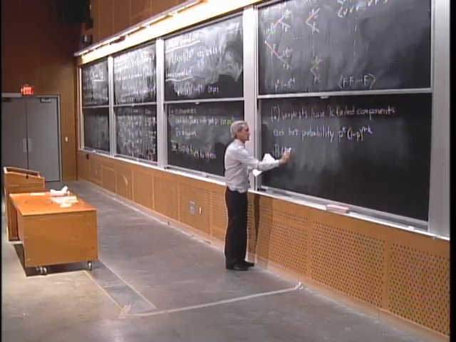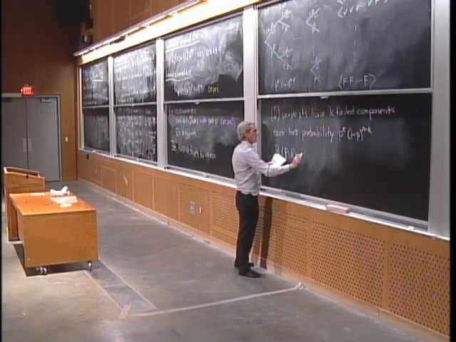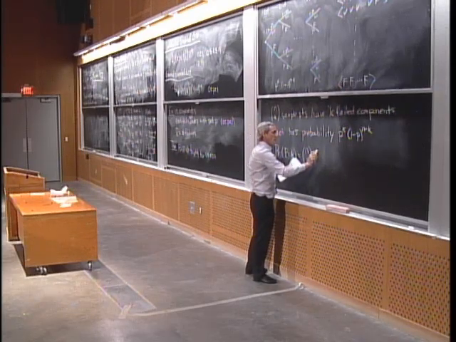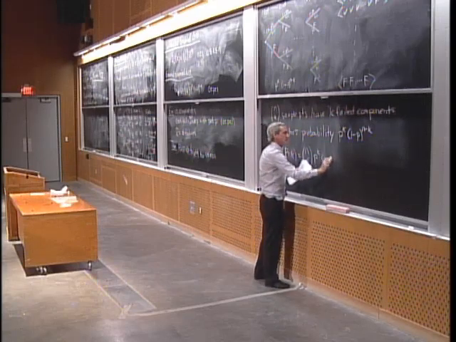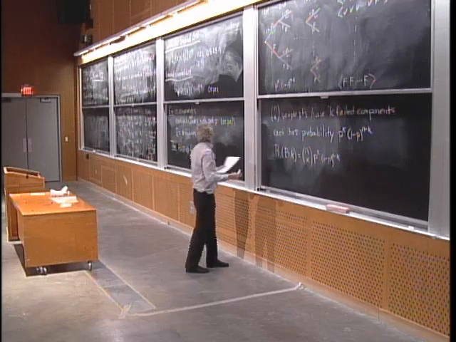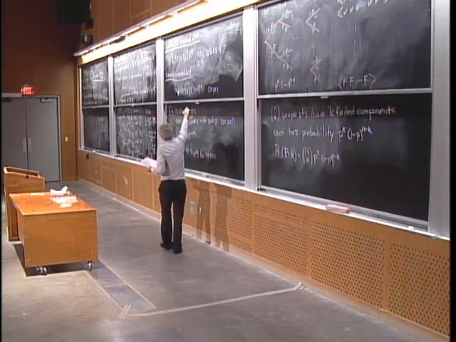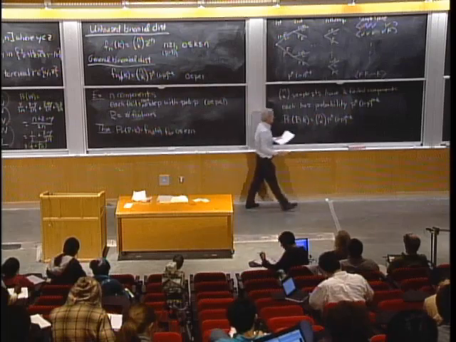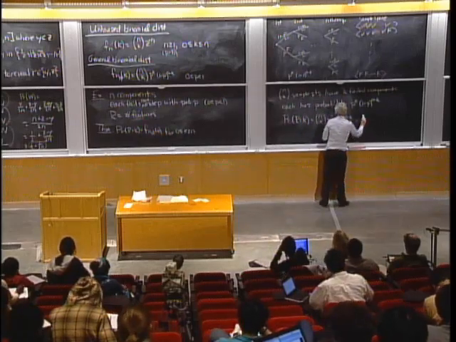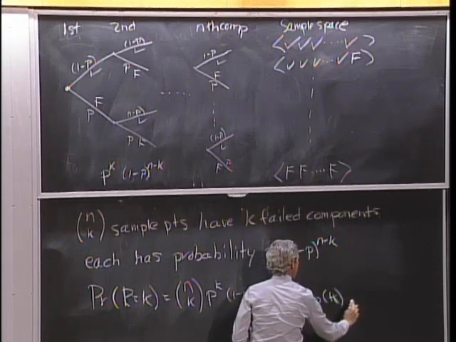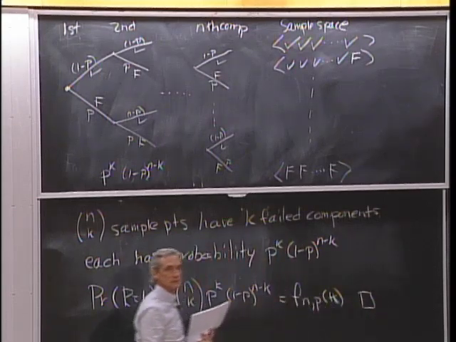Probability that r equals k is simply n choose k, number of sample points times their probability, since they're all the same for k failures. And that, of course, is just the formula for the general binomial distribution. So that equals f_{n,p}(k), which is what we were trying to prove.